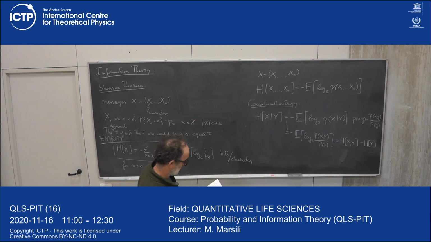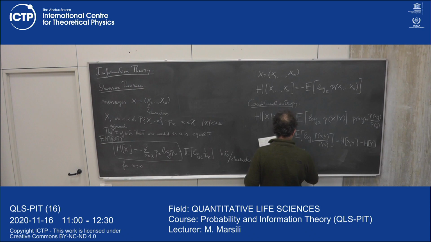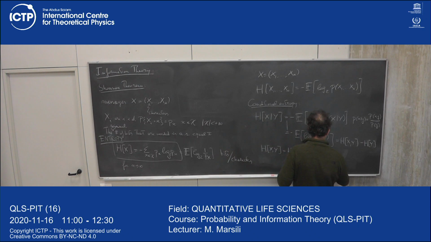So this allows you to write the joint entropy as the entropy of x given y plus the entropy of y. But of course, this is symmetric between x and y, so you can also write it as the entropy of y given x plus the entropy of x.